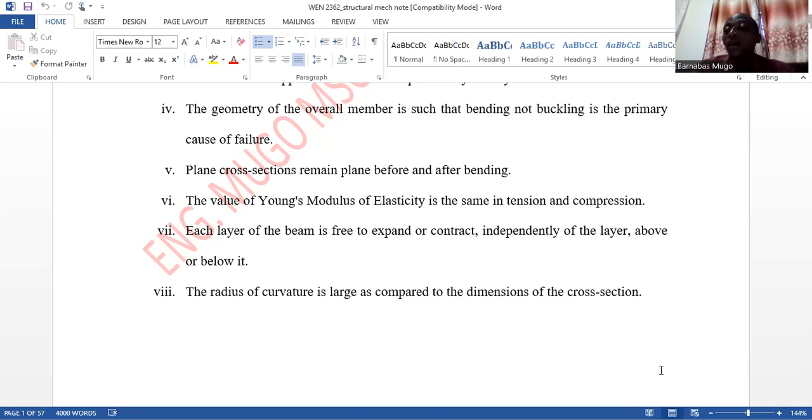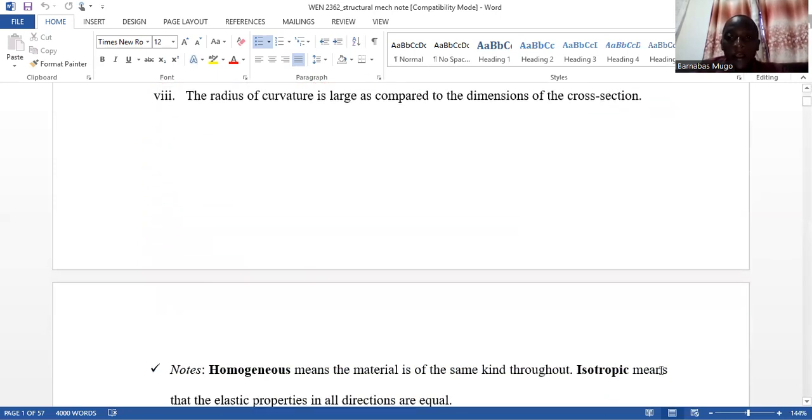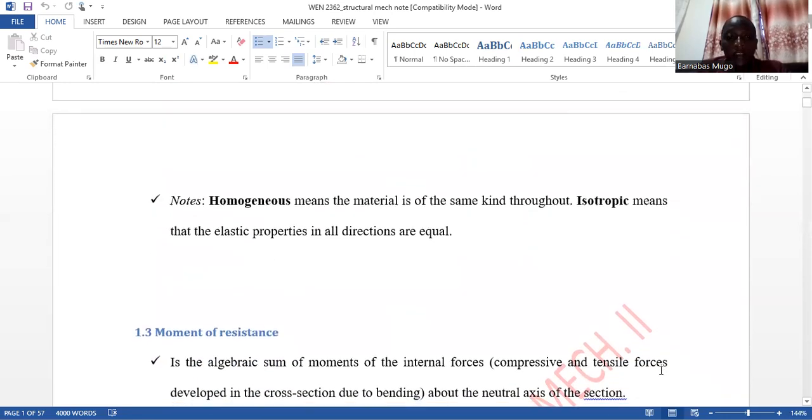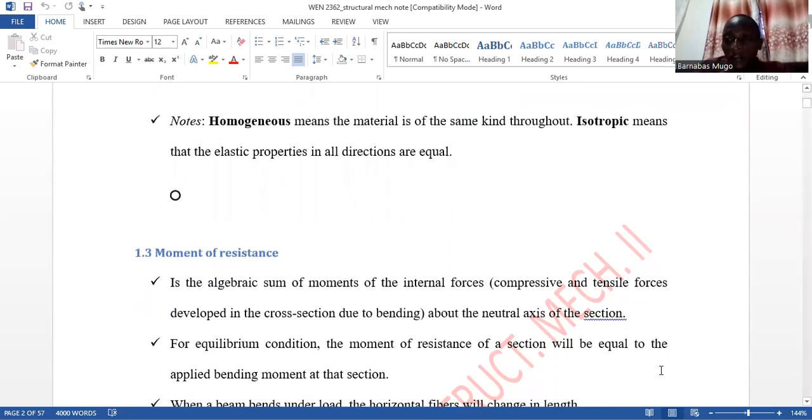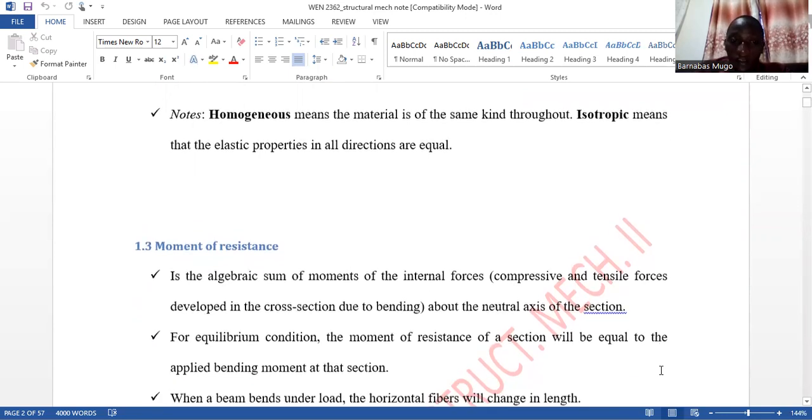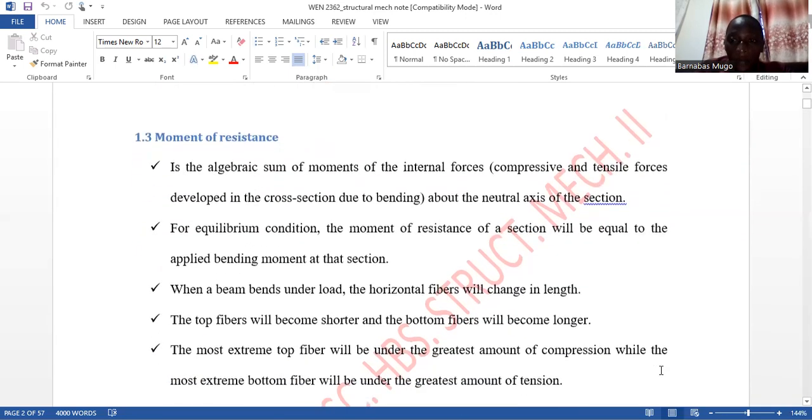So we are assuming that the radius of curvature is larger as compared to the cross-section dimensions of that beam. Homogeneous means that the material is made of the same kind throughout, and isotropic means the elastic properties in all directions, that is the X, Y, and Z coordinates, are equal.